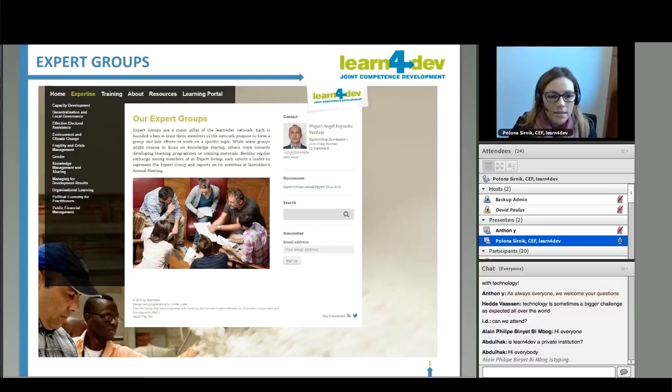You can see all this on the slide, which is a print screen of the web page. Then political economy for practitioners and public financial management. So these are the 11 expert groups that different representatives of member organizations are a part of, and they cooperate on these thematic areas.